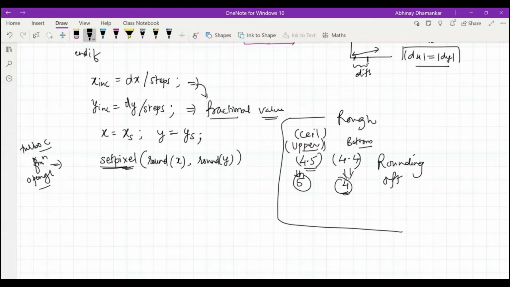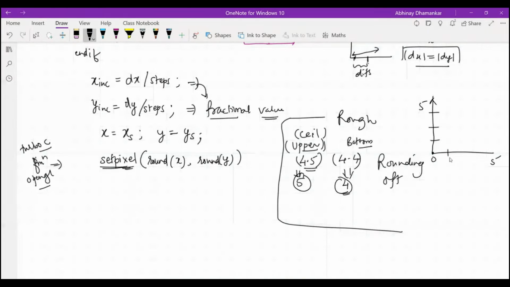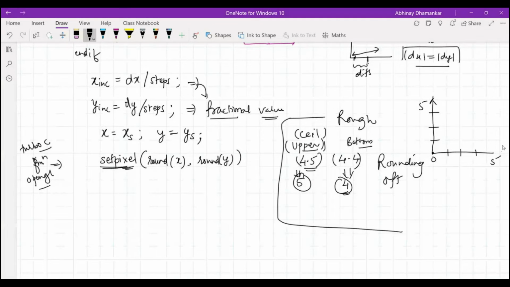Because in raster graphics, suppose you are plotting pixels from 0 to 5, 1 2 3 4 5 likewise.